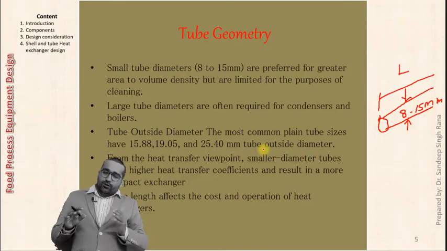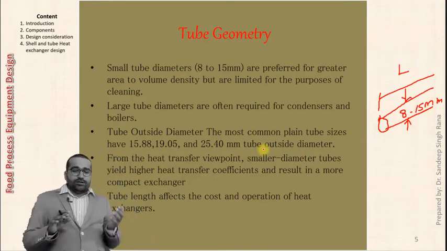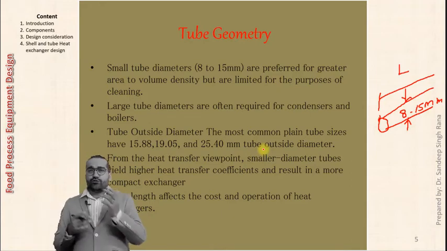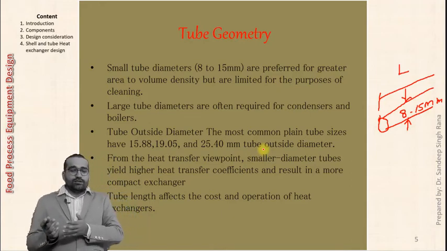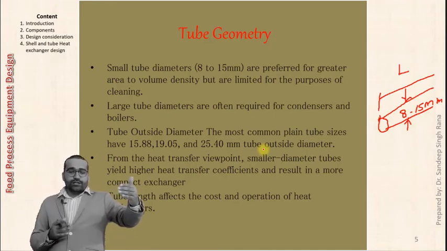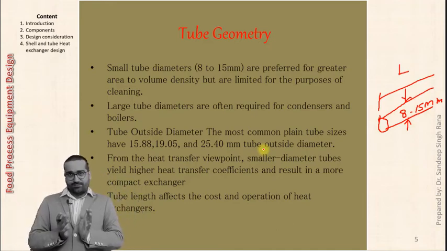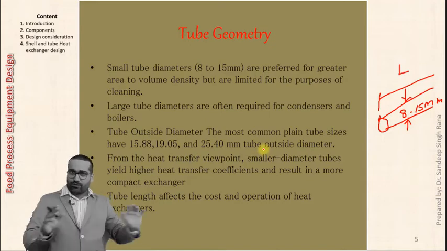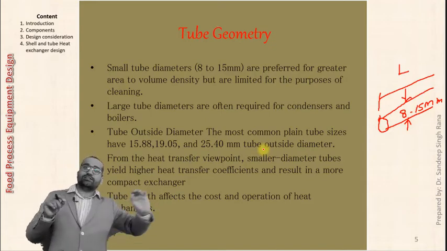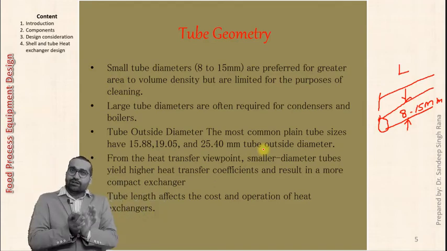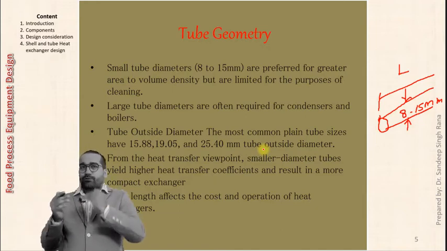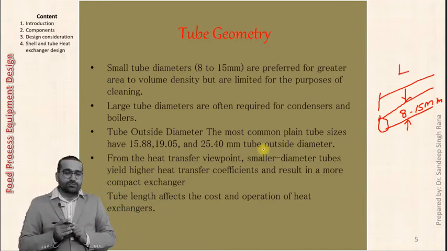The tube lengths commonly used are 6, 8, 12, 16 or 24 feet. They are very common. And the longer tube reduces the diameter of the shell. That is common because the area will be constant for Q = UA delta T. If area is constant and we are increasing the length, the diameter will reduce, because we are putting fewer tubes.